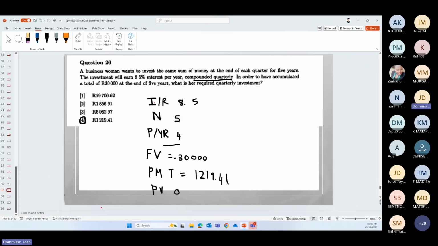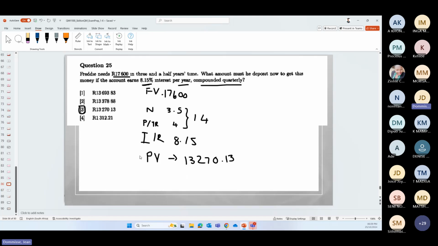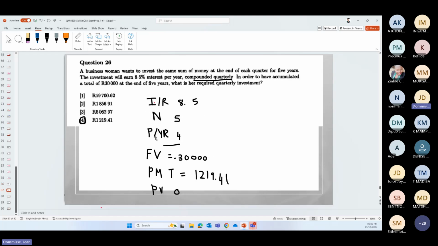Yes, so your amortization basically goes hand in hand with you needing to work out things like this. Amortization is basically you working out the monthly payback of a loan.